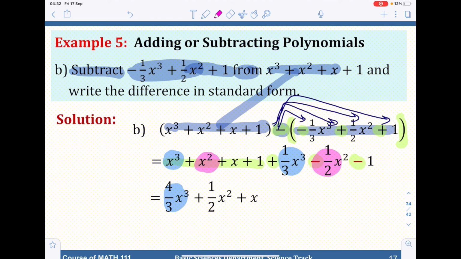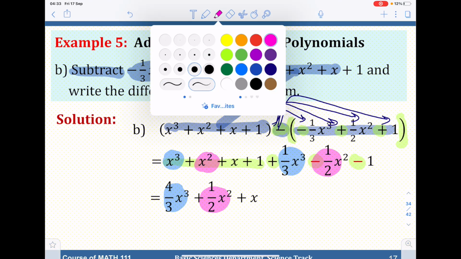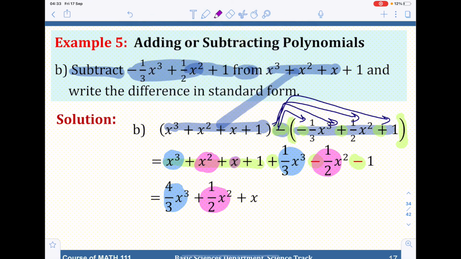So we have 1 minus 1/2, it would be 1/2 x to the power 2. As you can see also, we have only one term in x, so we will put it as it is. Then we will add this number with this number, so 1 minus 1 equals 0. So we will not put any numbers here.